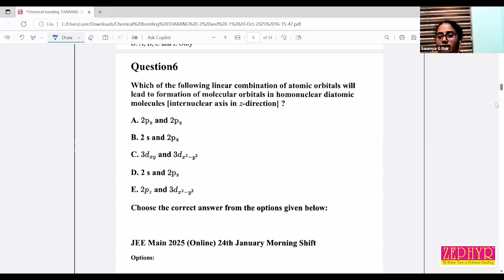1s and 1s join to form two molecular orbitals, sigma 1s and sigma star 1s, right? 2s of one atom combined with 2s of another atom gives two molecular orbitals, sigma 2s and sigma star 2s.